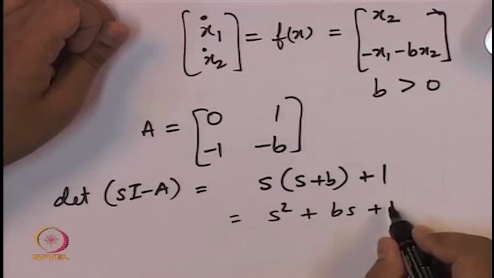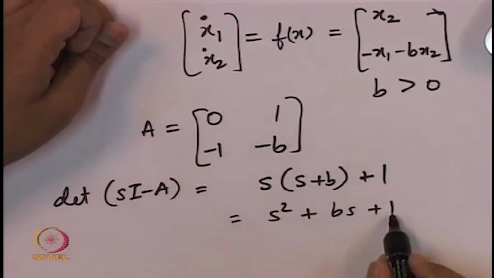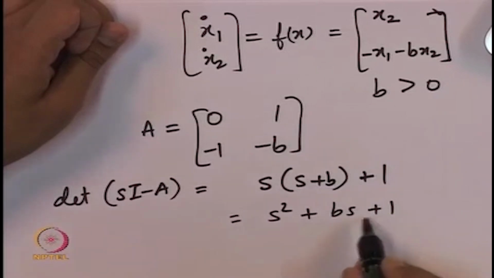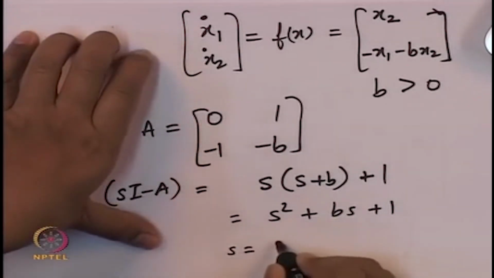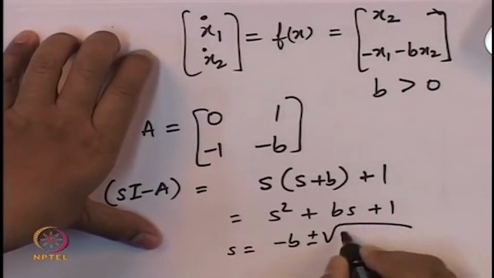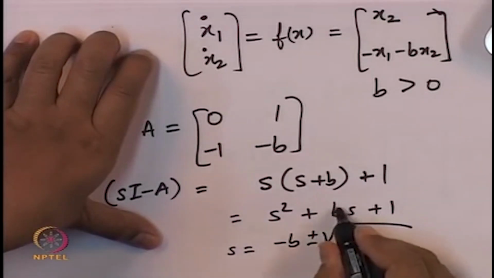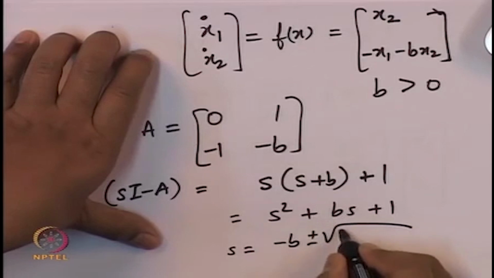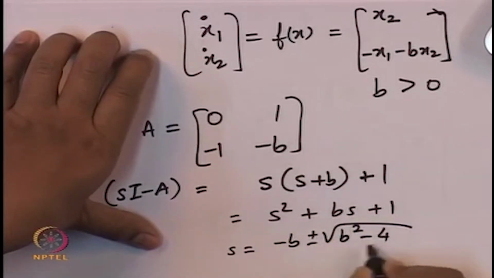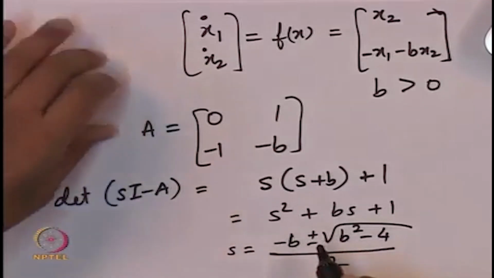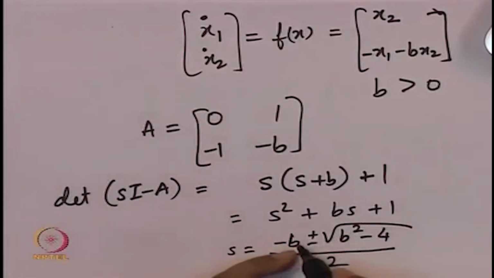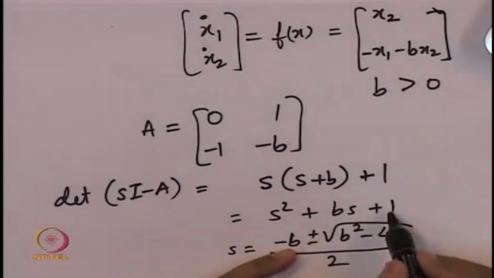These are 2 points whose product is equal to plus 1. In other words, they both have the same sign. Moreover, their sum is equal to minus b. So, the roots are s equal to minus b plus minus square root of b square minus 4, over 2. The sum of the two roots is equal to minus b, and the product is equal to 1.